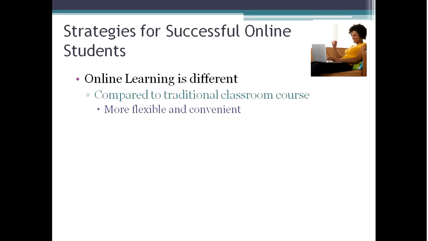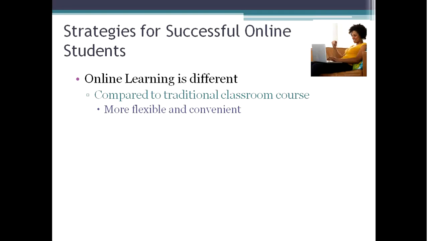So one thing to be aware of is that online learning is different from a traditional classroom course. If you think about a traditional classroom course, you're going to be spending 3 hours a week in a specific place at a specific time, usually with some kind of lecture or in-class discussion.